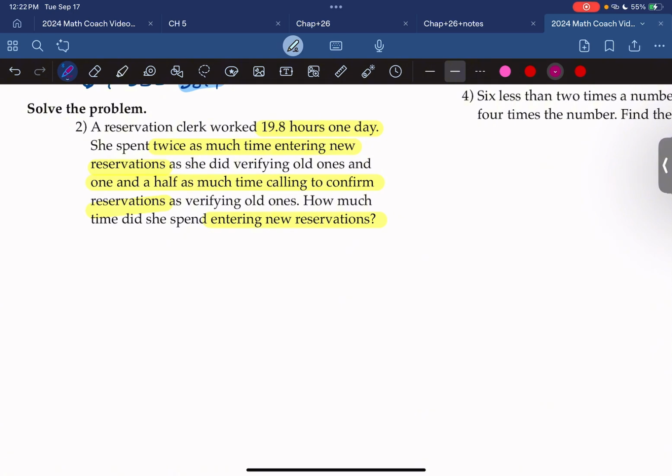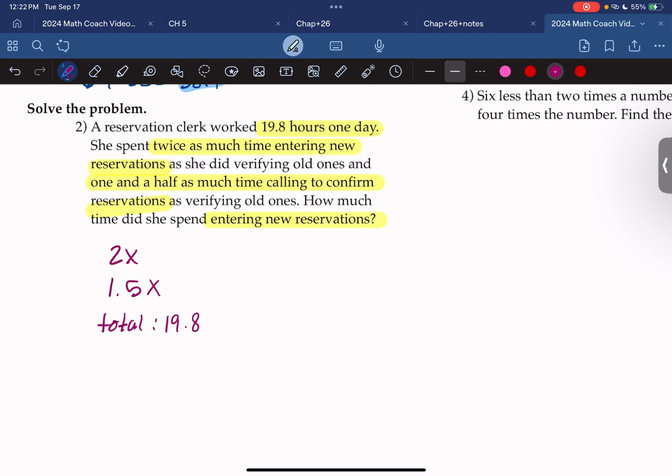So in the new ones, she spent twice as much time entering them, and then her calling time was 1.5 as much time. And then the total time, the total hours that she worked, was 19.8.